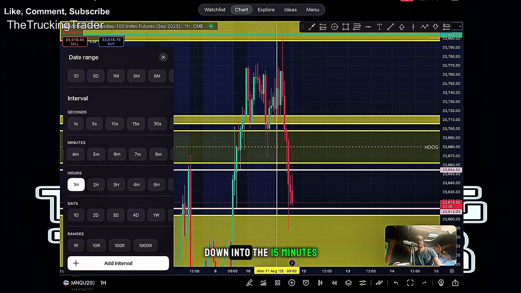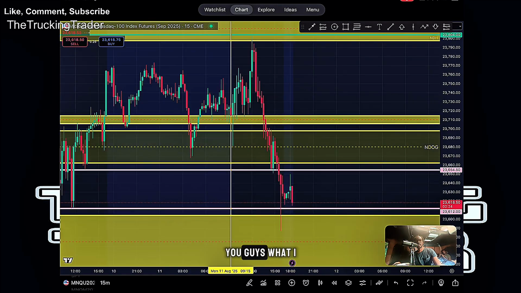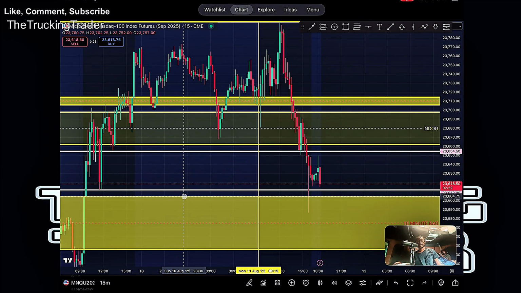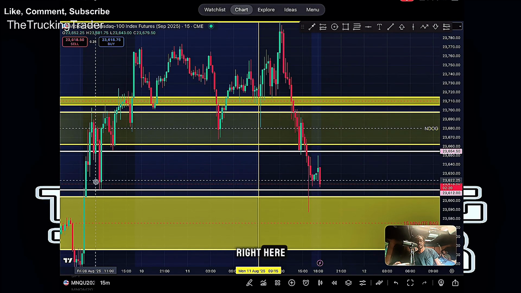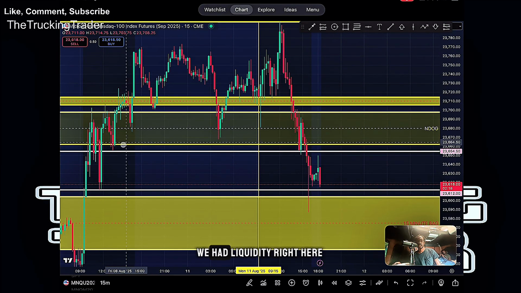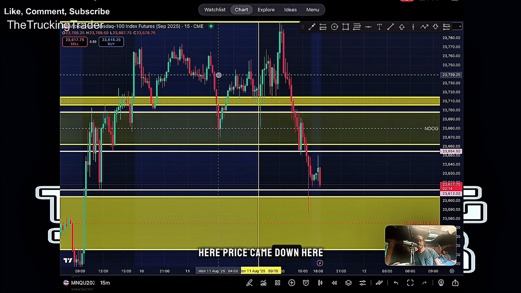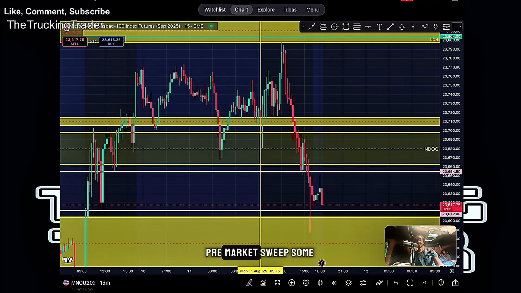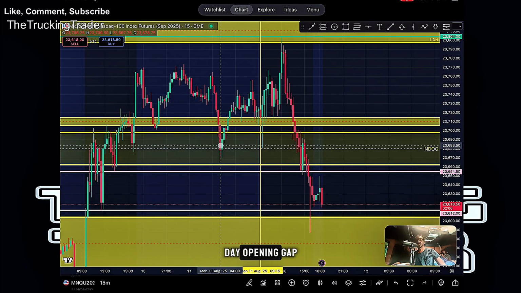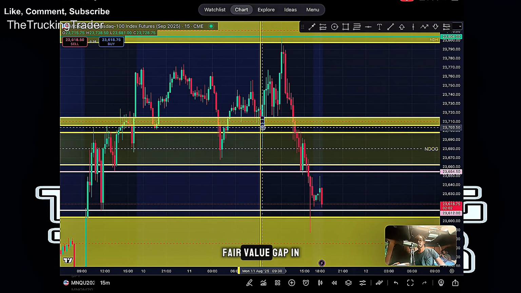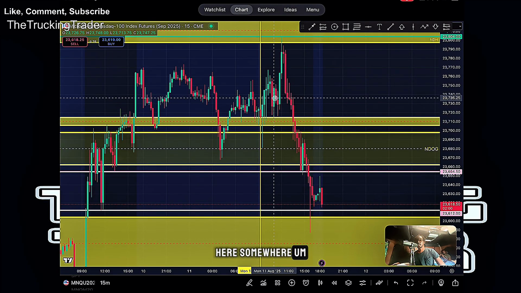I'm going to drop down into the 15 minutes so I can show you guys what I was looking at today. Today we had liquidity right here, and here, and here. Price came down here pre-market, swept some of this liquidity, and then hit the midpoint of the new day opening gap, started to retrace, and had a first presented fair value gap in here somewhere.